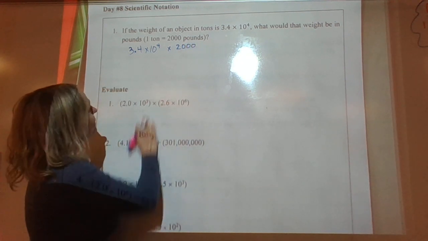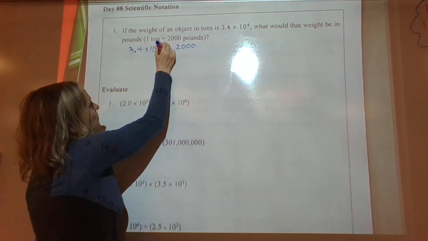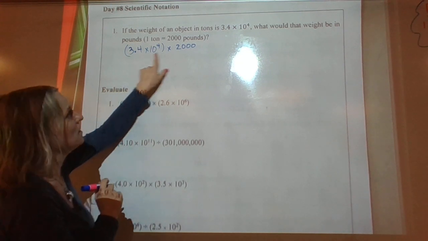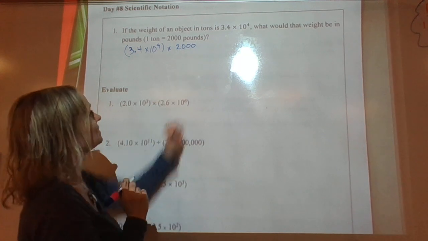Okay, so what I have here is a number in scientific notation times a number in standard form. First I'm going to write this number in parentheses just so I can see that's the number in scientific notation. But I want to change this one to also be in scientific notation because we're going to do all of our calculations in scientific notation.